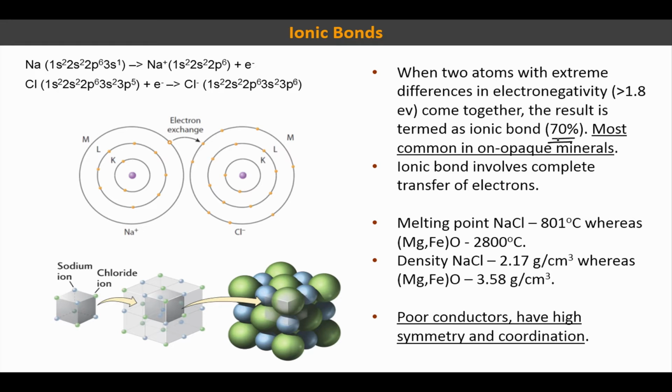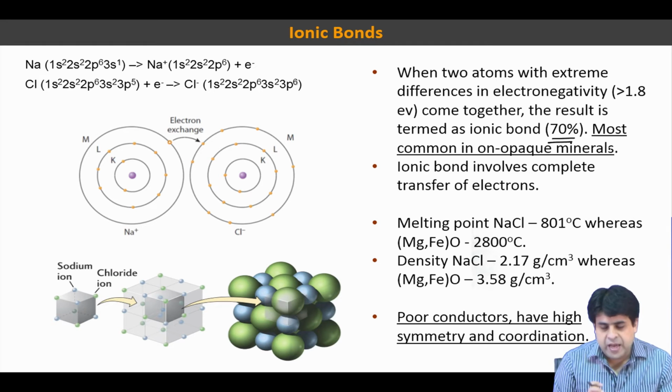Another important property of ionic bonds is that they transfer electrons. Your cation, which has a lower electronegativity value, will transfer its electron from the outer shell to the anion, which has a higher electronegativity value.